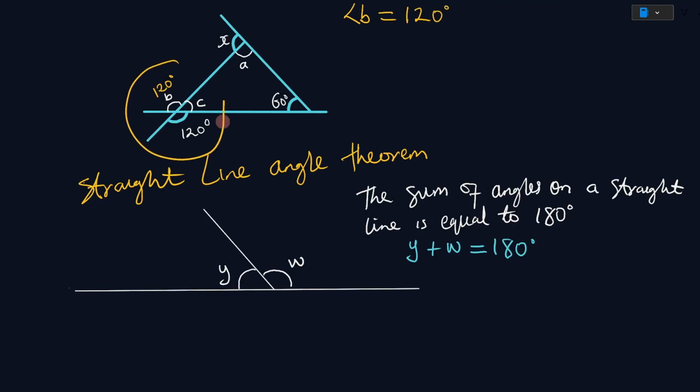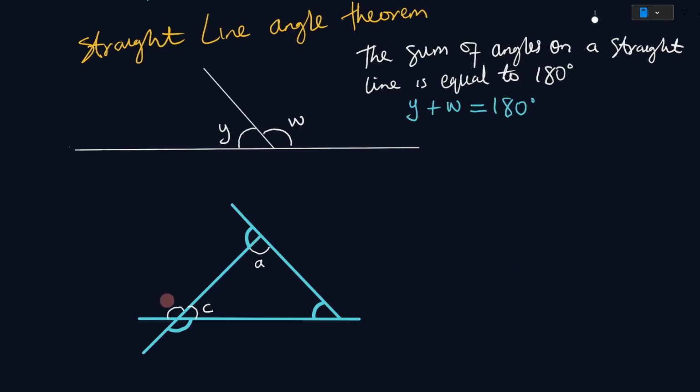If we apply this concept here, we can see that angle B and angle C are on the same straight line. They lie on this very line, so their sum should give us 180 degrees, because the sum of angles on a straight line is equal to 180 degrees.